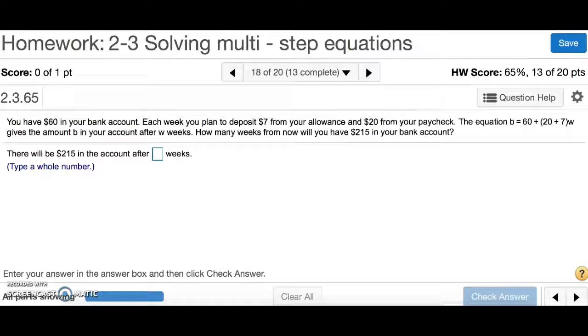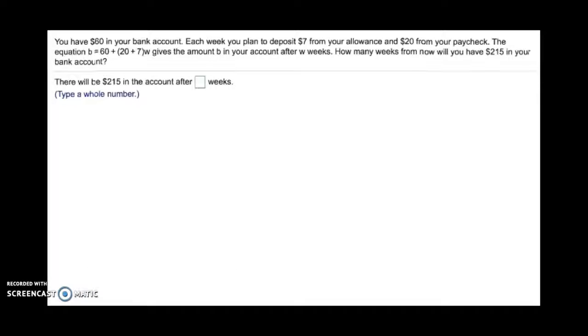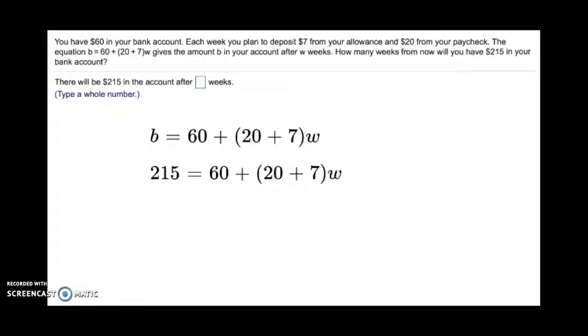Well, let's see. The first thing I'm going to do is write down my equation. B is the amount of money in my account after W weeks. The question is how many weeks from now will I have $215 in my bank account? So that means $215 is B, and I'm solving for W to find the number of weeks.